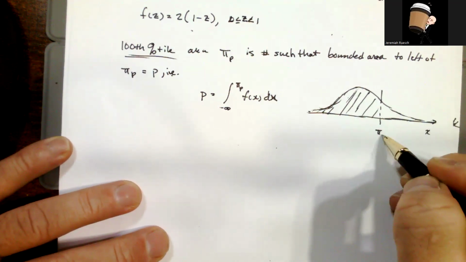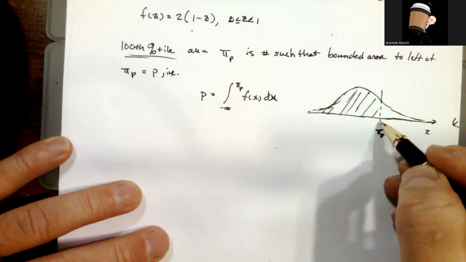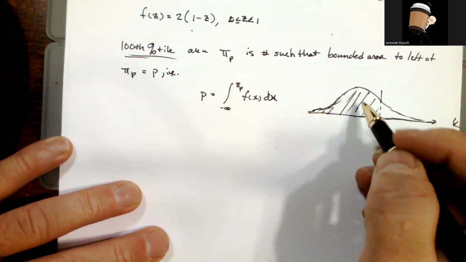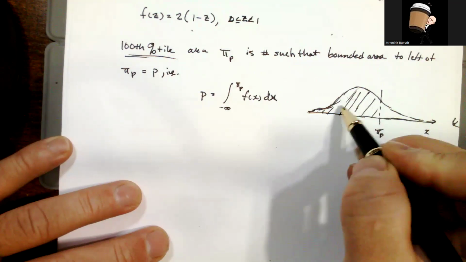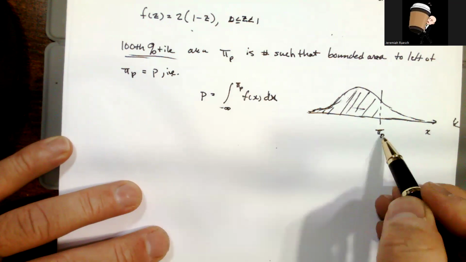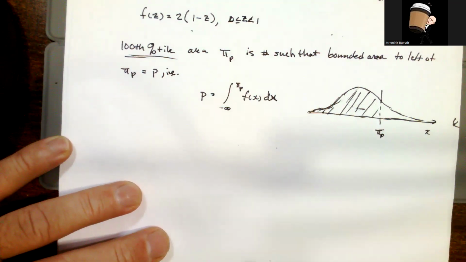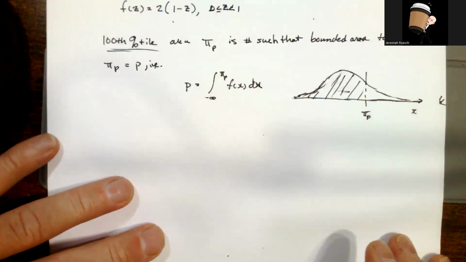So this is the location of pi p, which is going to equal the bounded area to the left, bounded by our PDF. All this area to the left is the value of p. And when this location equals this bounded area, we found that percentile. And that's what we're looking for.